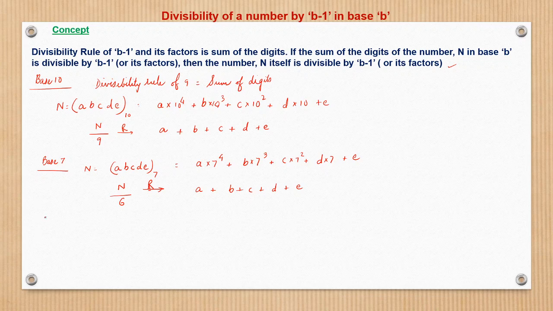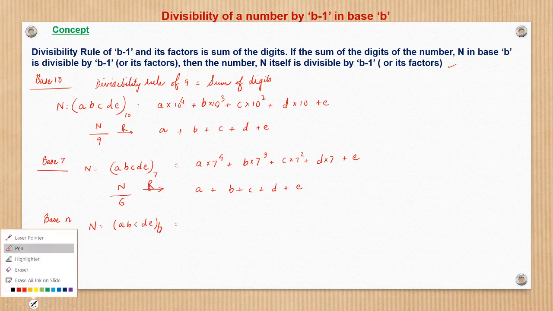Now I write this expression for a generic base, say base small n. Capital N is a number in base small n.